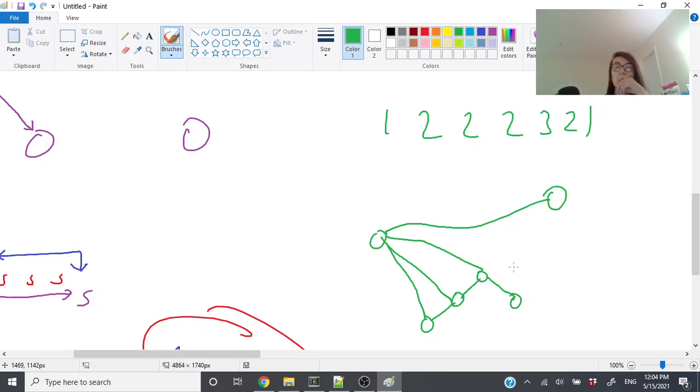So this 2 would be like, we just had this 3. So this 2 would be here. We basically are just making a Cartesian tree, right?